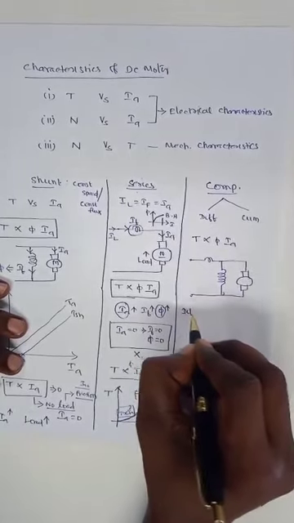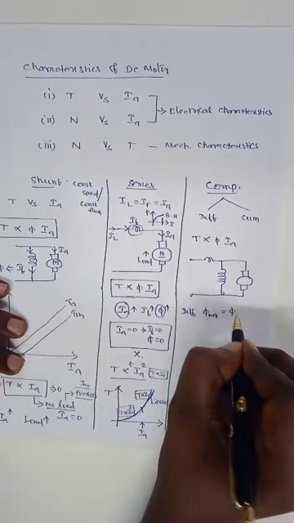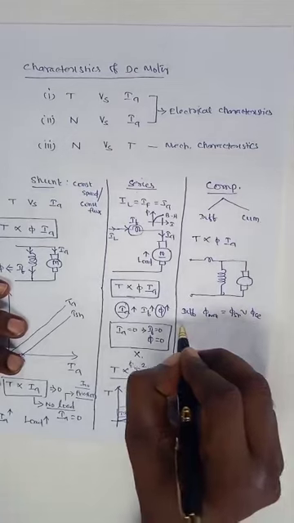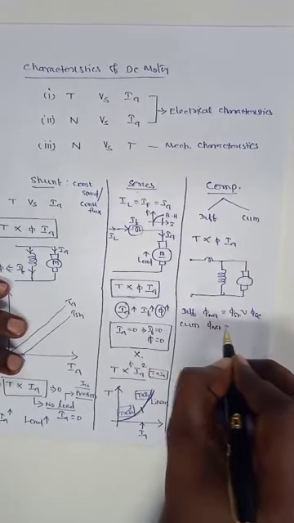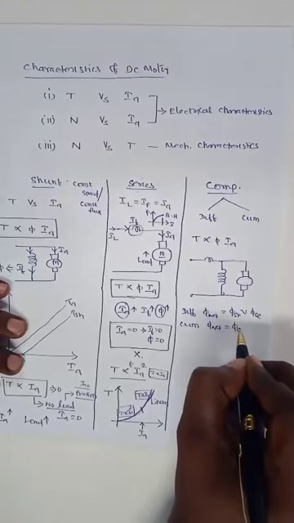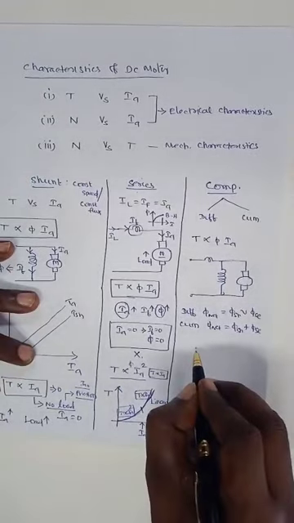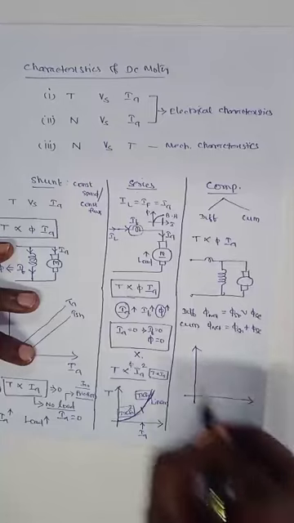In the differential type, the net flux is the difference between the series flux and the shunt flux. In the cumulative type, the net flux is the shunt flux plus the series flux.